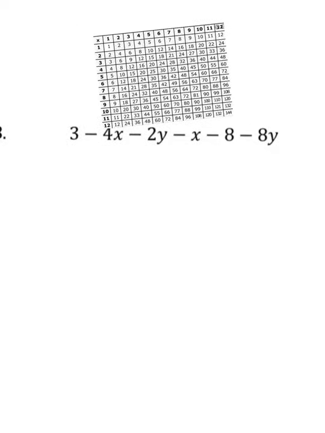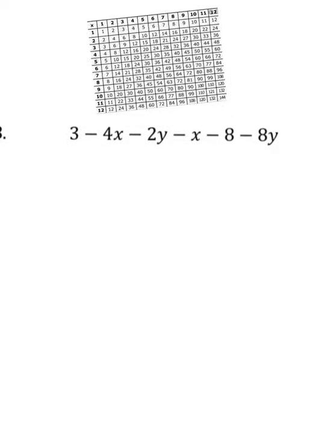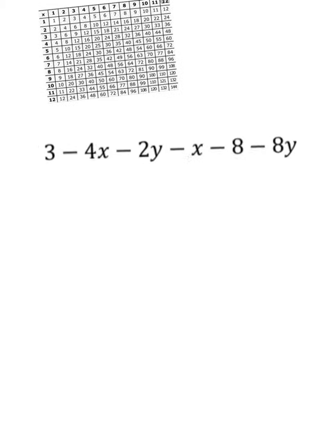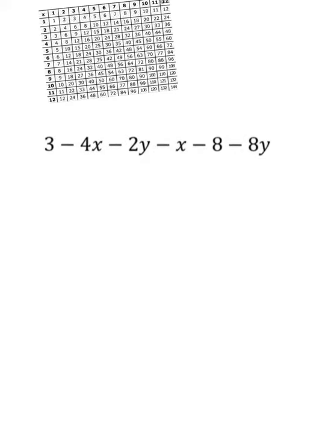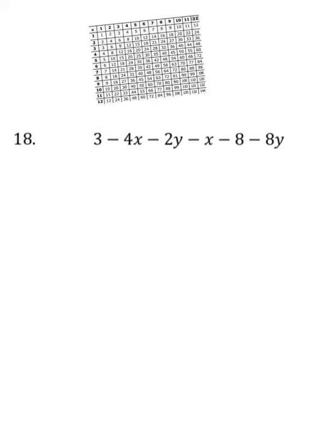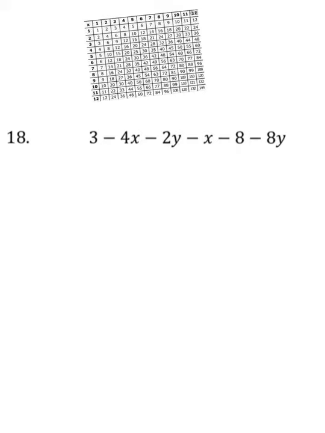Okay, here we go. All right, this is number 18. We're almost there. Okay, what can we take out here? Let's start with x again, because I got x's and y's. Negative 4x and a negative x gives me a negative 5x.